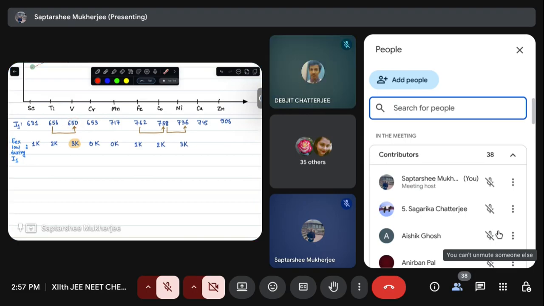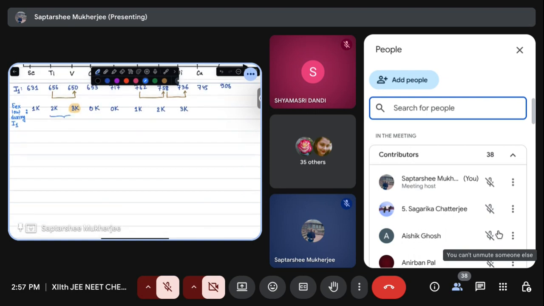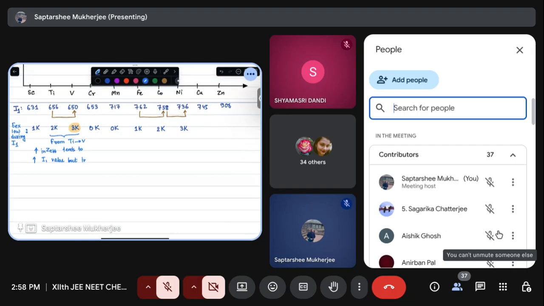Yes, sir. So first what I am writing here is: from titanium to vanadium, increase in Z effective tends to increase I1 value, but in vanadium, upon ionization, 3k amount of exchange energy gain, more stability.